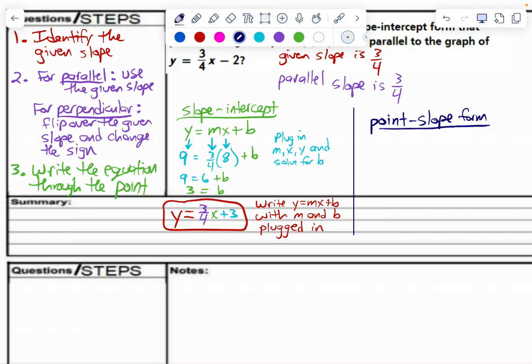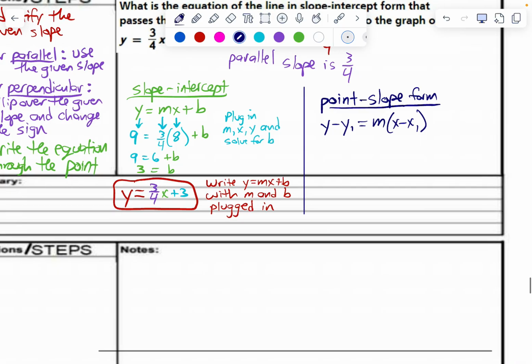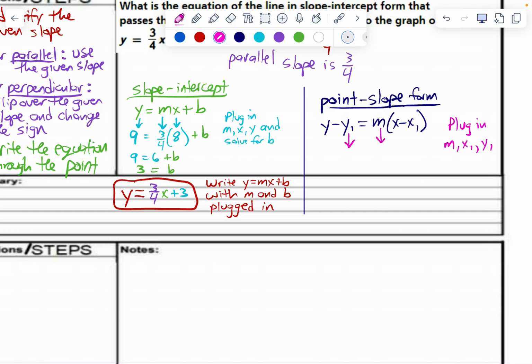That's why I like that form much better. So write down the raw form, y minus y1 equals m(x minus x1). And all we have to do is plug in m, x1, y1, which is all given.